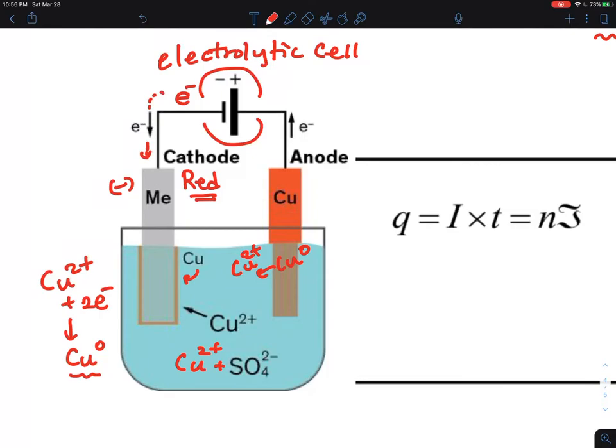In this example, 1 mole of copper needs 2 moles of electrons. So in this case, n is 2, as you can imagine that 2 electrons are involved.